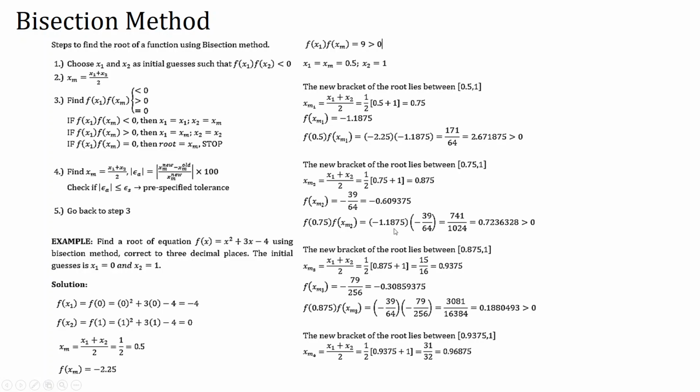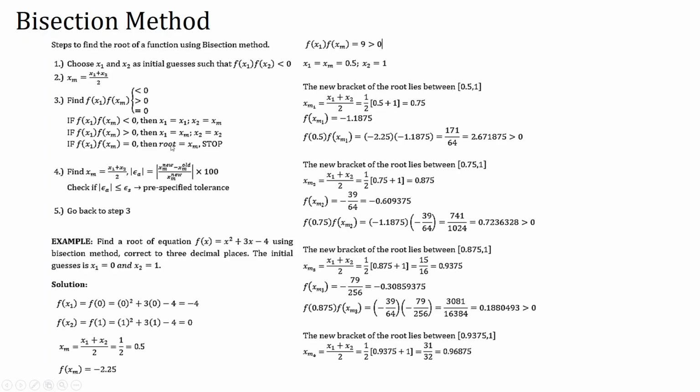If I have to evaluate this one, 0.75, the result of multiplying f of 0.75, which is negative 1.1875, by f of xm2, which is this. By using this, we get a value greater than 0.